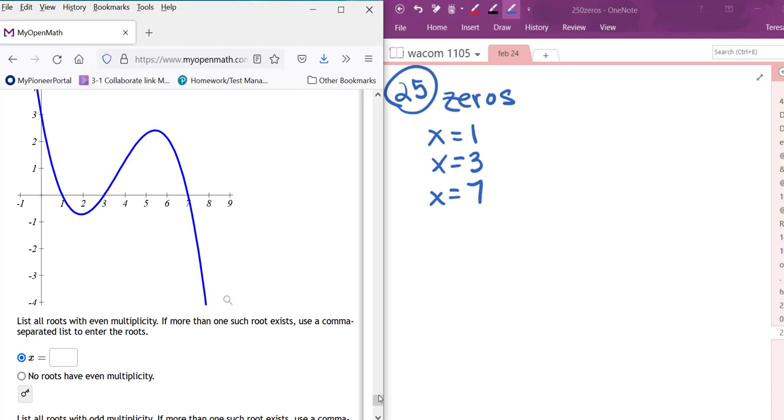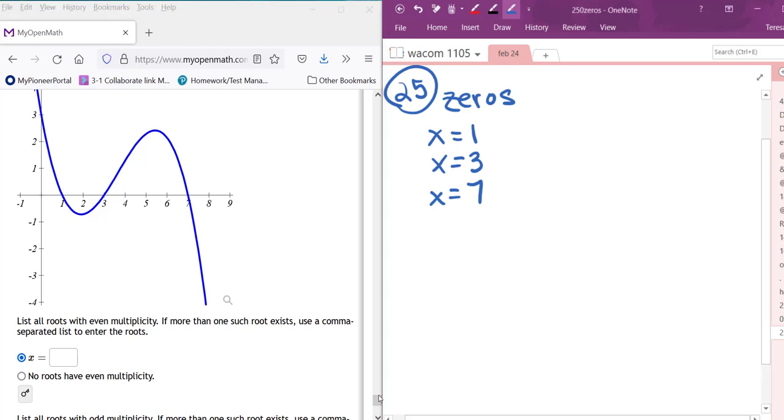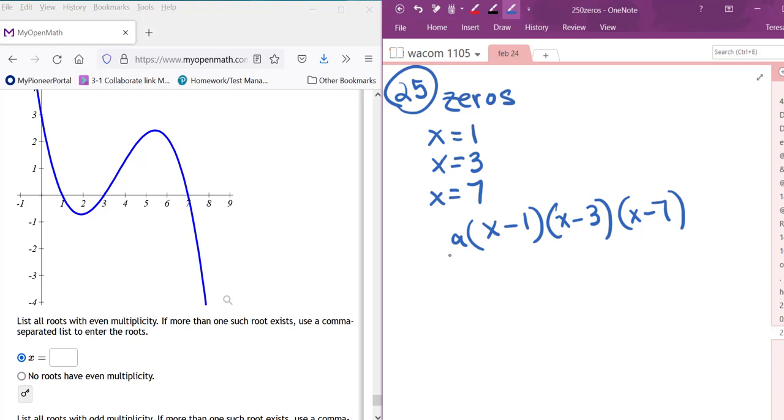So this comes from x minus 1, x minus 3, x minus 7, and we'll have some constant here, or some coefficient, and we'll call this one f, I think.